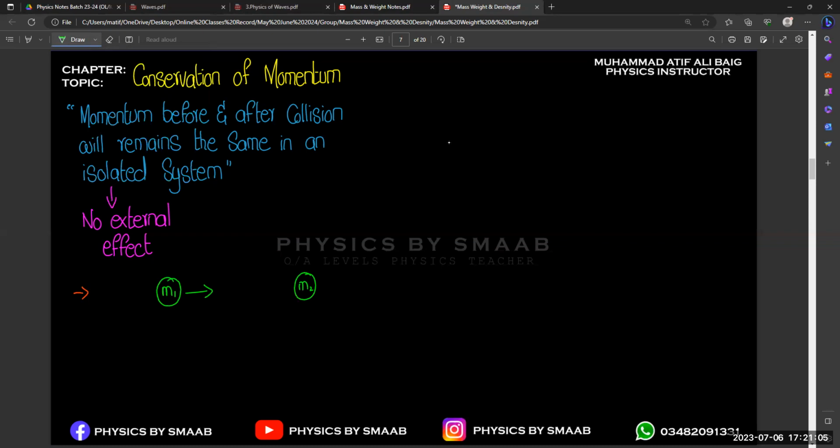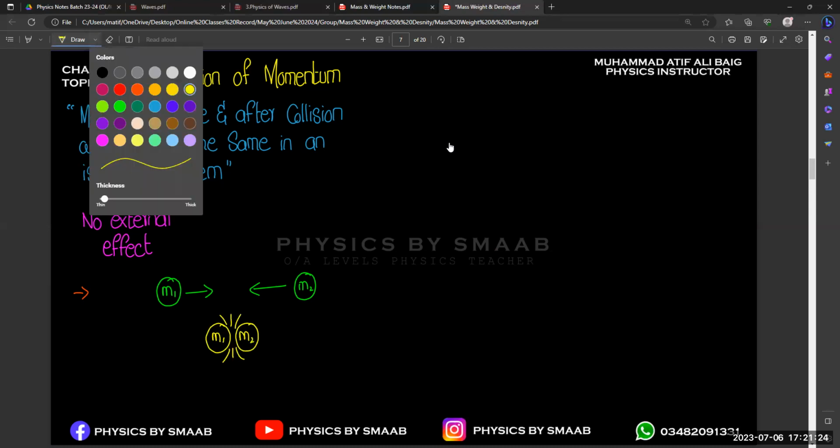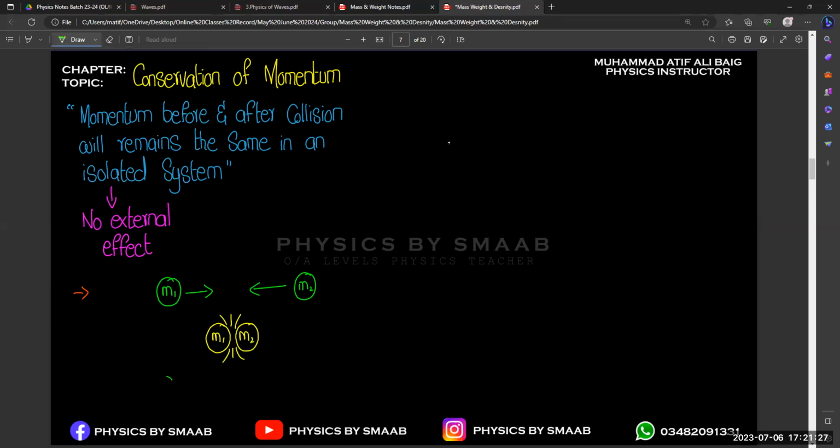So one is moving towards the right, the second one is moving towards the left, and after some time both will collide with each other, and after collision they will move in the opposite direction.